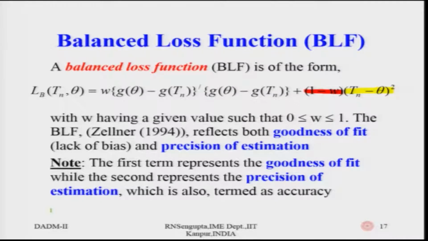Next, once precision of estimation is done, we will try to forecast the error term. That comes for the goodness of fit. Again, I am not highlighting it, just moving the pointer there, which is the goodness of fit or the lack of bias. Now there you have a functional value of theta, so it will be g theta, and when you estimate that using the Tn value, which is the estimated value of theta, it will be a function g Tn.